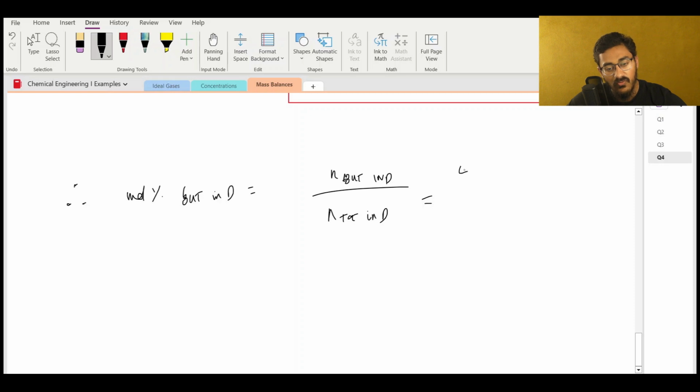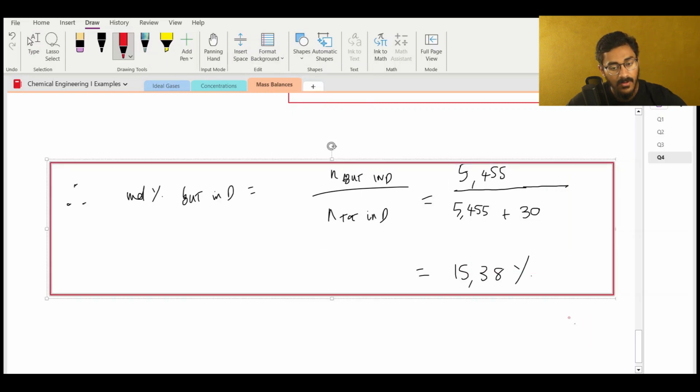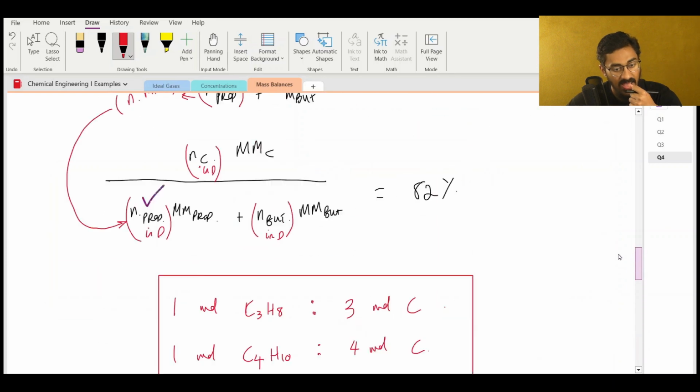So that gives you 5.455 kilomoles per hour divided by 5.455 kilomoles per hour plus the number of moles of propane, which was 30. So 5 over 35 should give you 15.38%. And that is your mole percentage of butane in the distillate. All right, so that is part A.